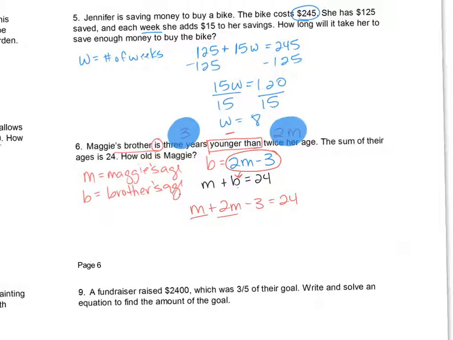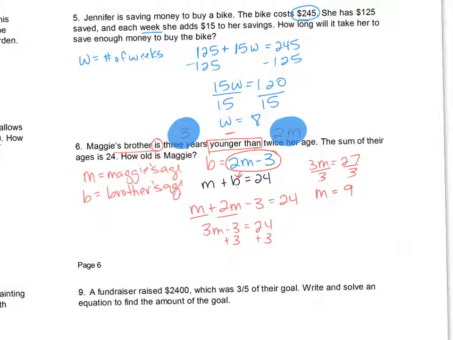Now we can combine like terms. And we can solve. So M, we see that we designated that as Maggie's age, so M is 9.